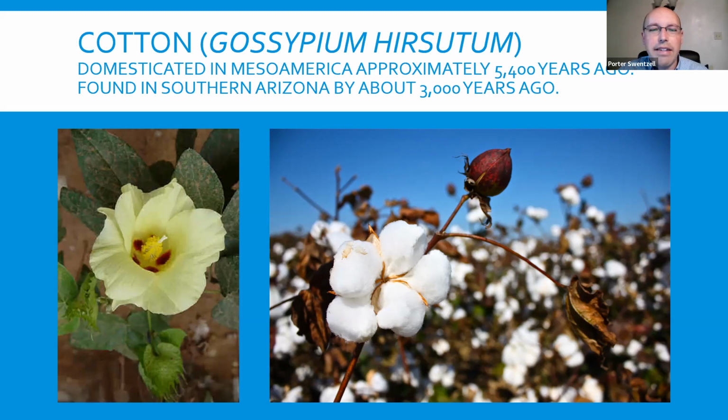And interestingly, that form of cotton that was grown in the Southwest is now most prevalent in Australia, right? So the cotton that's native to this area is now primarily grown in Australia because of its ability to survive in a very dry and cold climate, right?